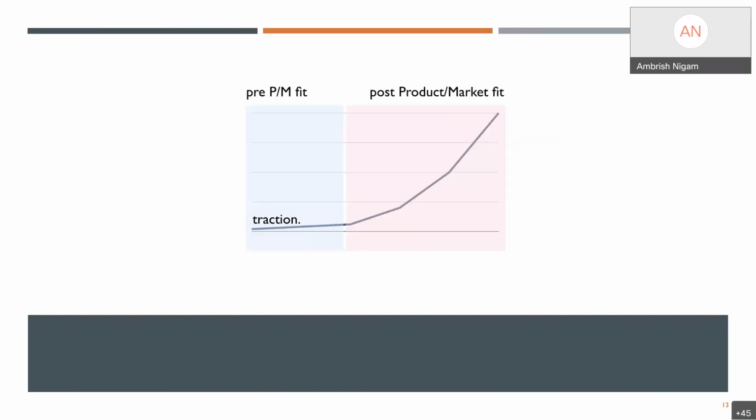If you look at the graph, this is the line where I've tried to show the product market fit. Before product market fit, you have some amount of traction and the growth curve is very flat, right? But as soon as you find the product market fit, your company growth will be exponential.